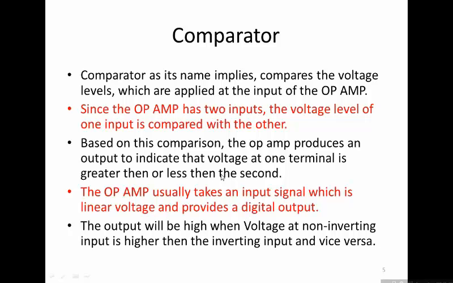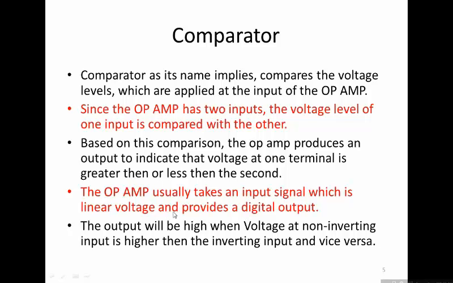So it takes two inputs, and based on the levels of the inputs, which voltage is higher than the other, it produces an output to indicate that level comparison of the input terminals.